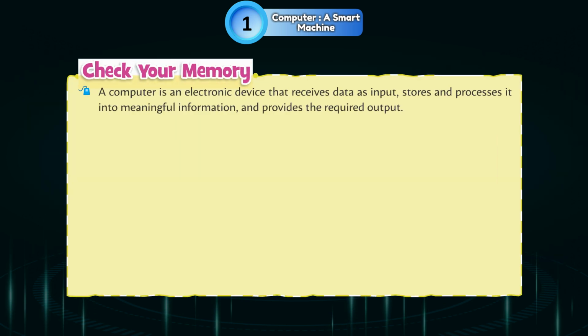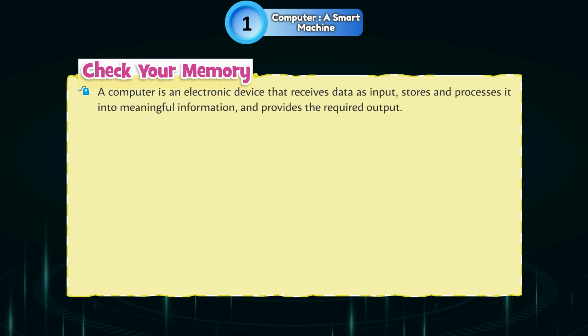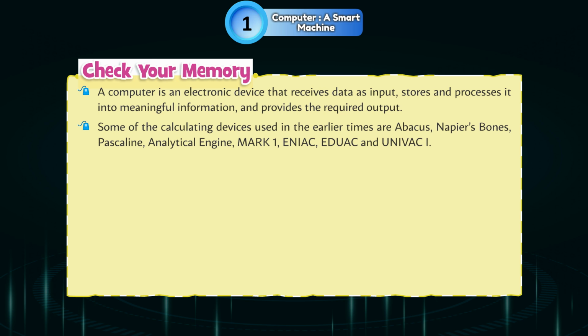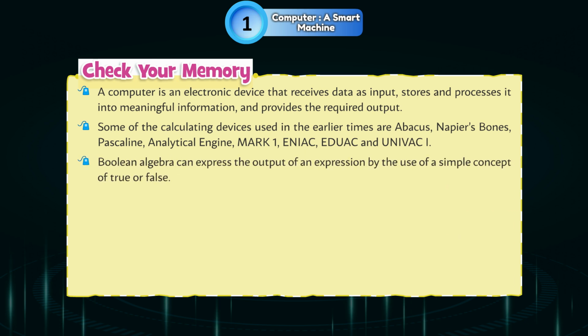Check your memory. A computer is an electronic device that receives data as input, stores and processes it into meaningful information, and provides the required output. Some of the calculating devices used in earlier times are abacus, Napier's bones, Pascaline, analytical engine, Mark I, ENIAC, EDVAC, and UNIVAC.